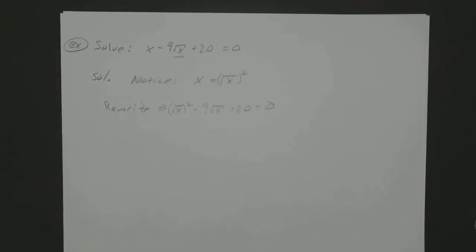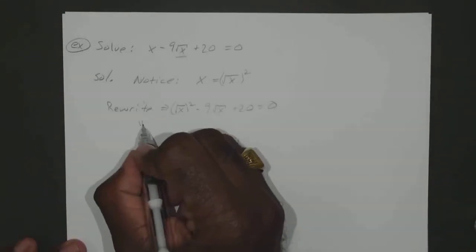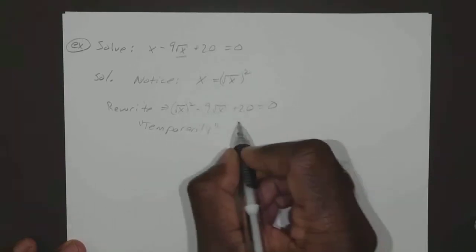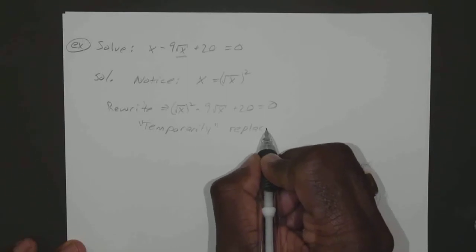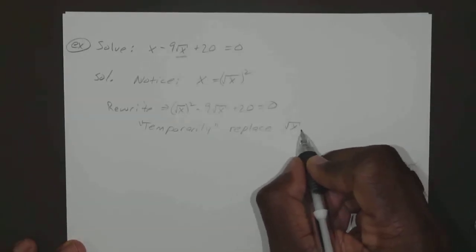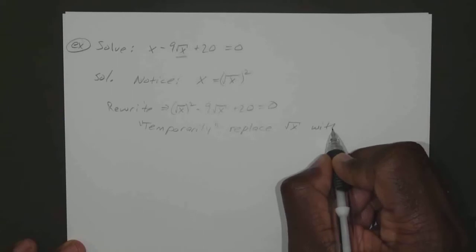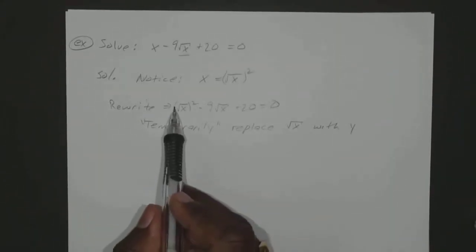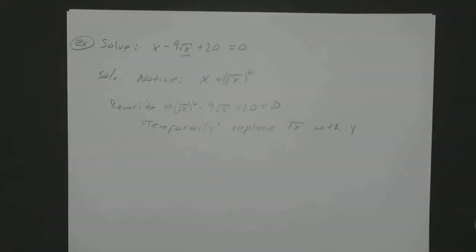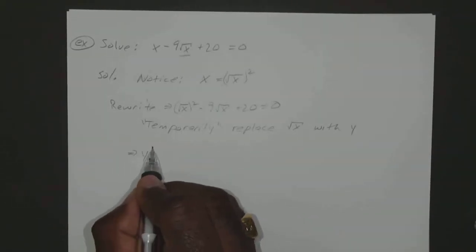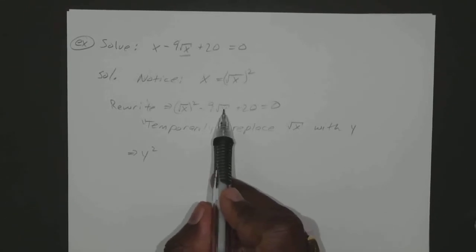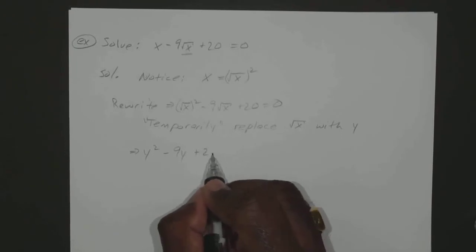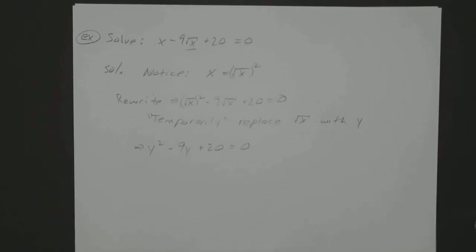Just like before, we temporarily replace square root of x with y. So instead of square root of x squared, y squared, instead of minus 9 square root of x, minus 9y, plus 20 equals 0.